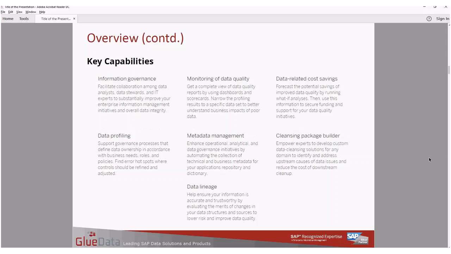Okay. The key capabilities, I'm not going to go into these in too much detail. This is all available obviously on the SAP Information Steward sites. Information governance, we've sort of touched on that. Monitoring your data quality. Now, monitoring is an ongoing thing. So effectively, your data in your dashboards and your scores comes to life.